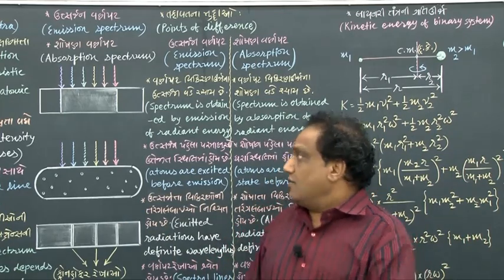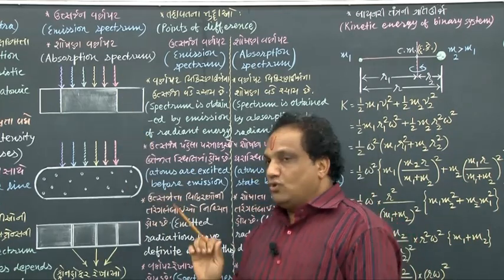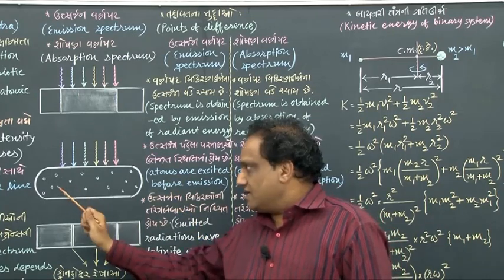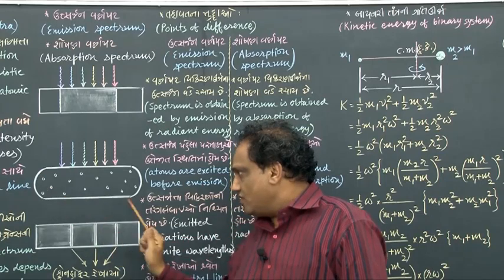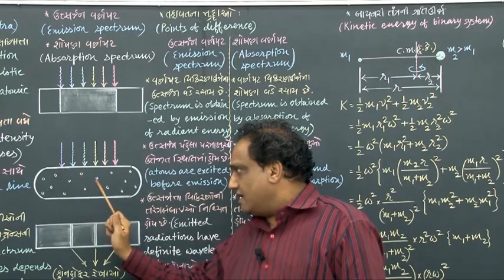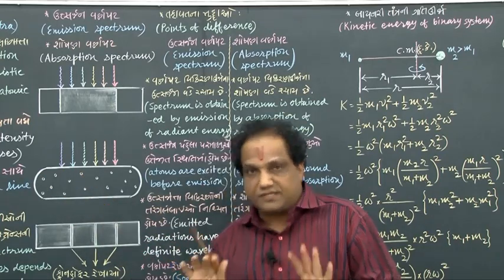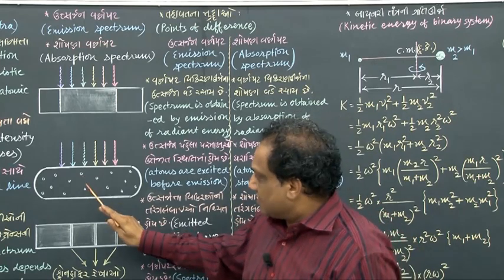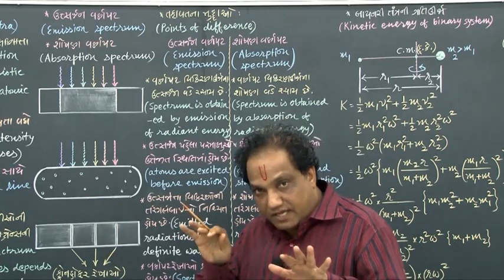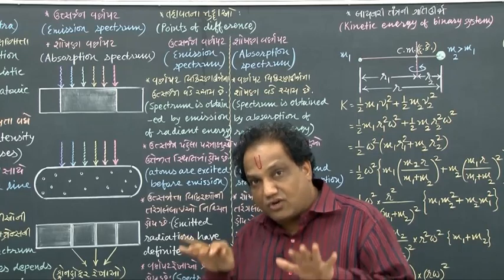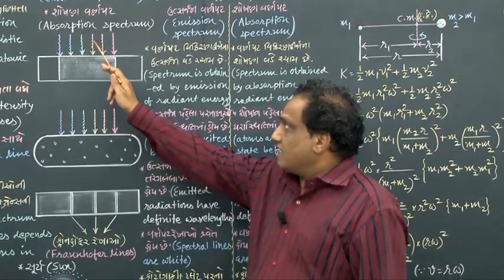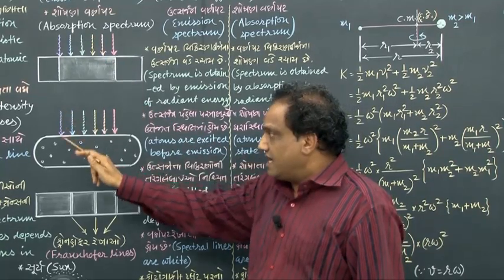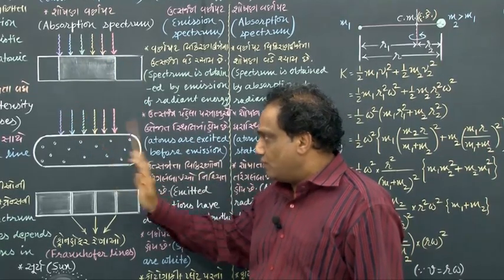Okay. Now tell me, you do one thing. Consider atoms of gas filled in a tube which are lying in ground states. Suppose all these atoms are lying in the ground state, that is in the state of minimum energy, and then we make the same radiation incident over that tube.